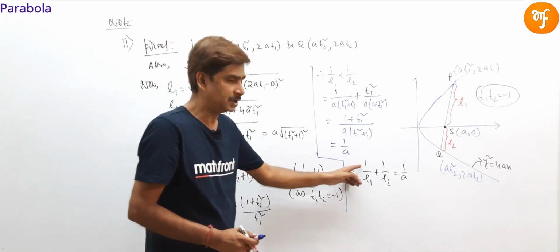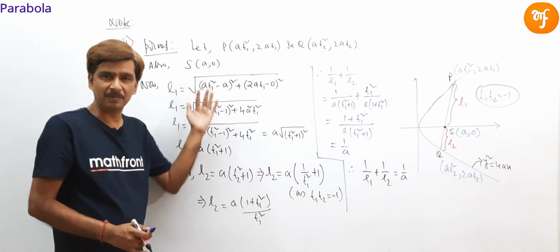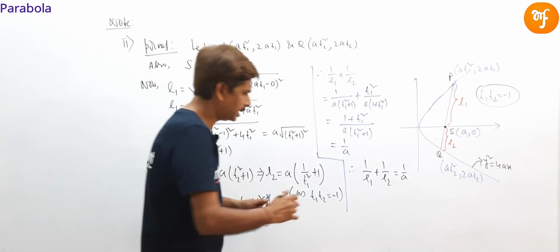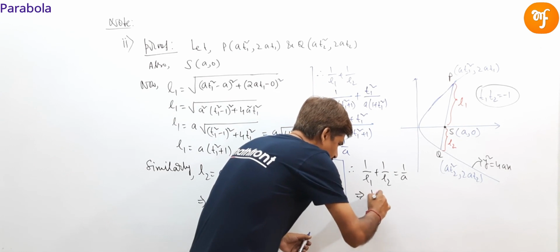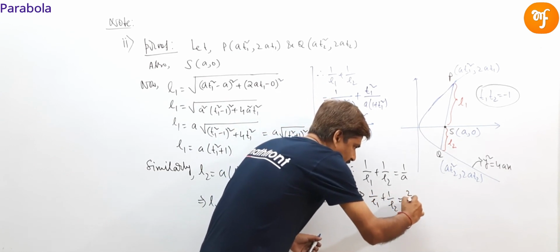So this we have to prove, because initially we wrote 1 by L1 plus 1 by L2 is equal to 2 by 2a, that is 1 by a. You can write it this way also.